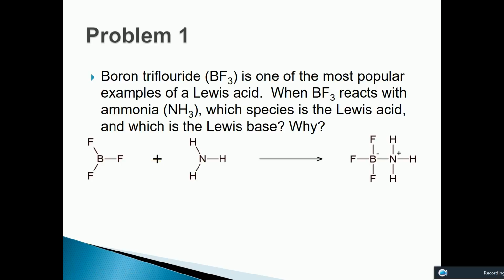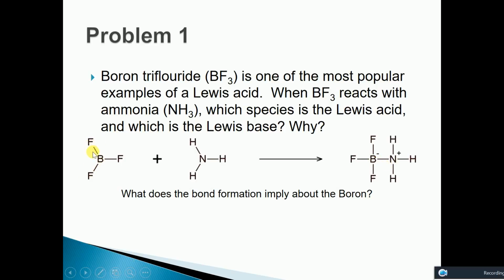So what does this boron bond formation imply about the boron? Well, it's easy to understand why this nitrogen forms a bond because it has this lone pair. And how does a bond form? Well, a bond forms by the overlap of orbitals.